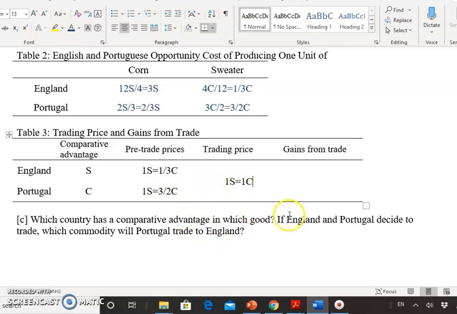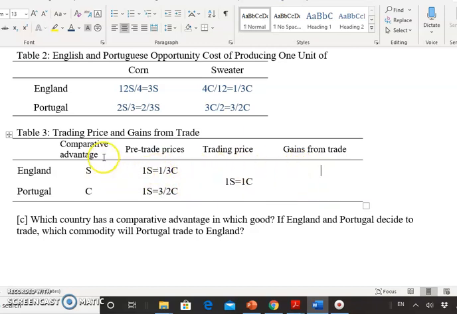We want to reduce the math challenges to the minimum level. Again, one sweater equals one corn. Now, one corn is going to be higher than this price in England, but it's lower than this price, the sweater's price in Portugal. So it's somewhere in between.